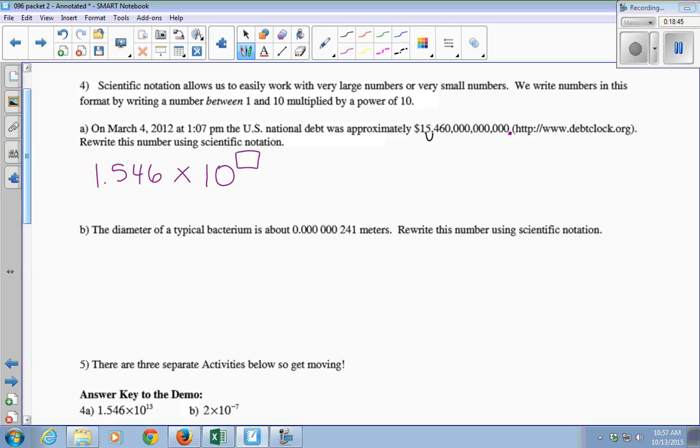So it will be 1, 2, 3, 4, 5, 6, 7, 8, 9, 10, 11, 12, 13 places. So I would times 10 to the 13th. So this is just another way of writing $15,460 billion: 1.546 times 10 to the 13th.